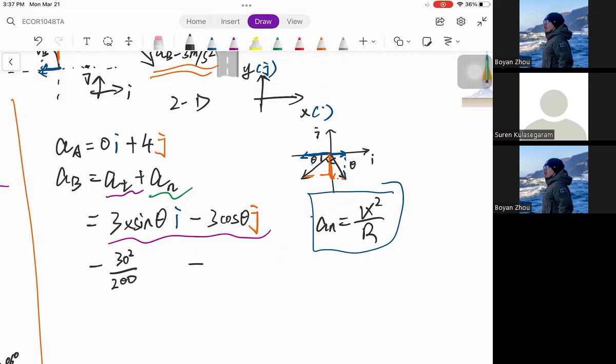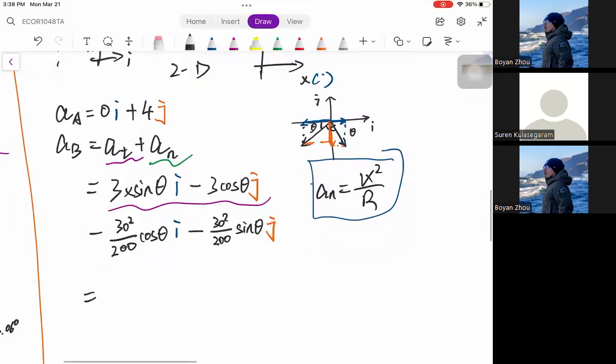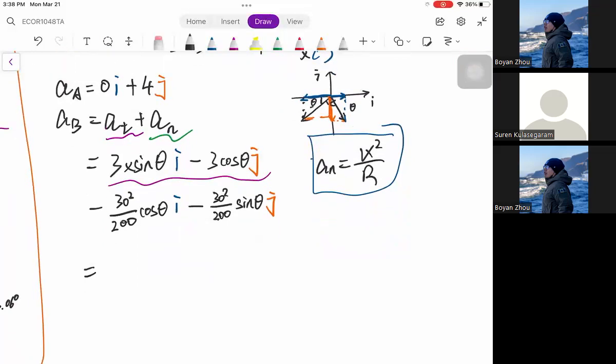Then theta is here, project this one onto here, it's going to be cosine theta in the I component, and also a minus sign since the direction is pointing downwards. So it's going to be 30 to the power of 2 over 200 times sine theta in the J direction. So here I have everything, just need to plug in theta equals 30 degrees and use a calculator to get the answer.